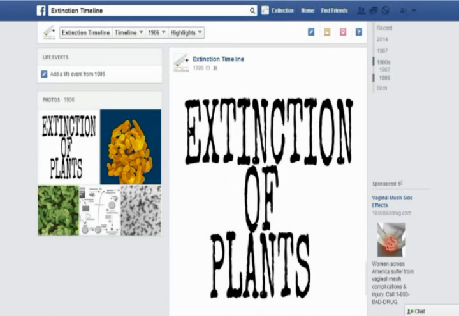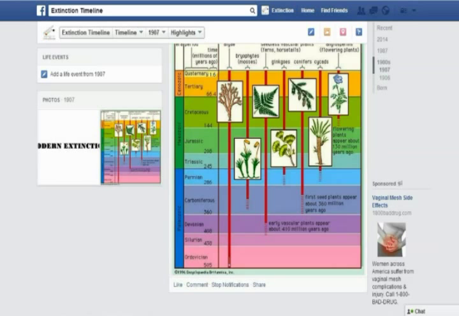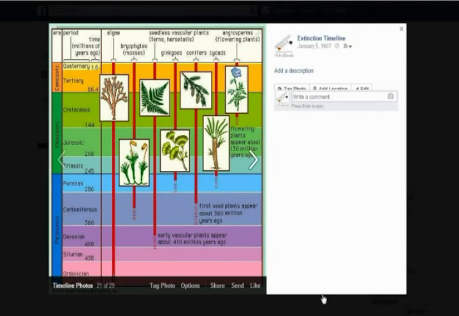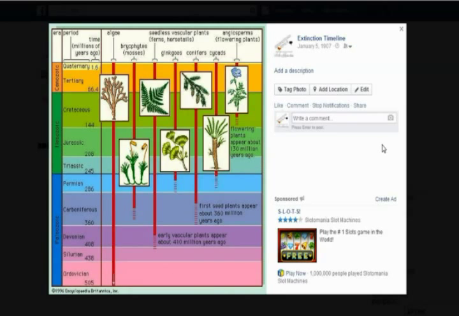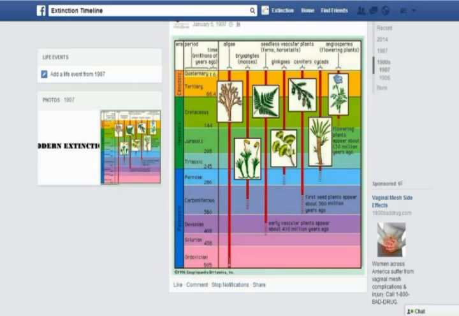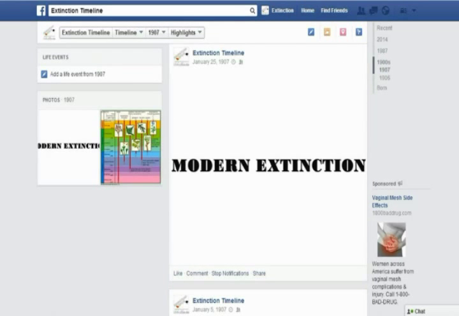Extinction of plants. Modern extinction.